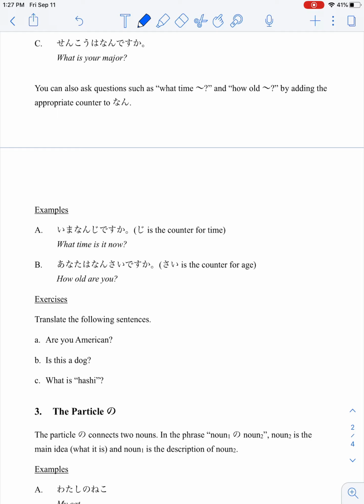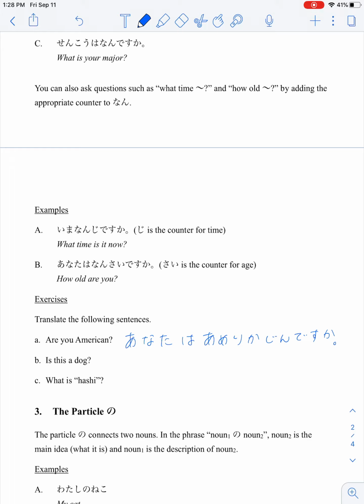You are American would be あなたはアメリカ人です。This sentence means you are an American. And then, since it's a question, we add question particle か。あなたはアメリカ人ですか?